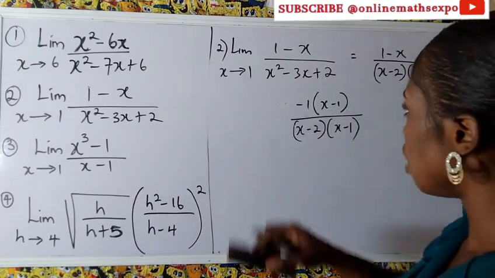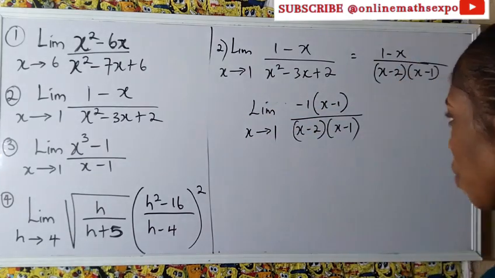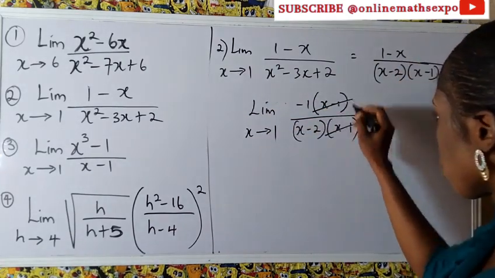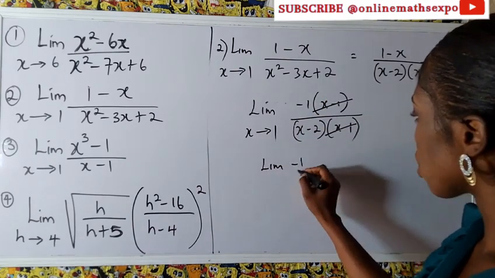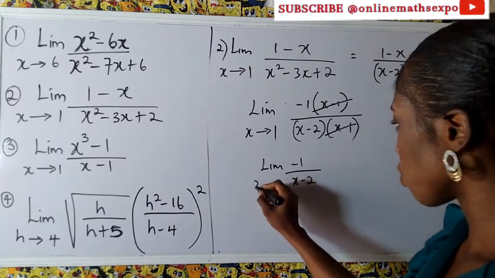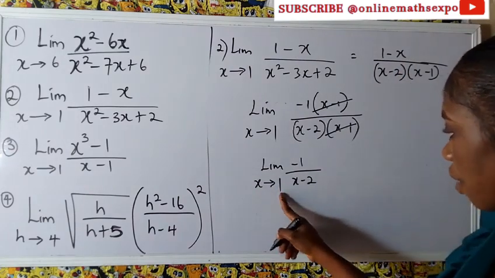Remember, the limit is tending to 1. So we cancel out, so that we have the limit of negative 1 all over x minus 2 as x approaches 1. Let's put in the value of x here.